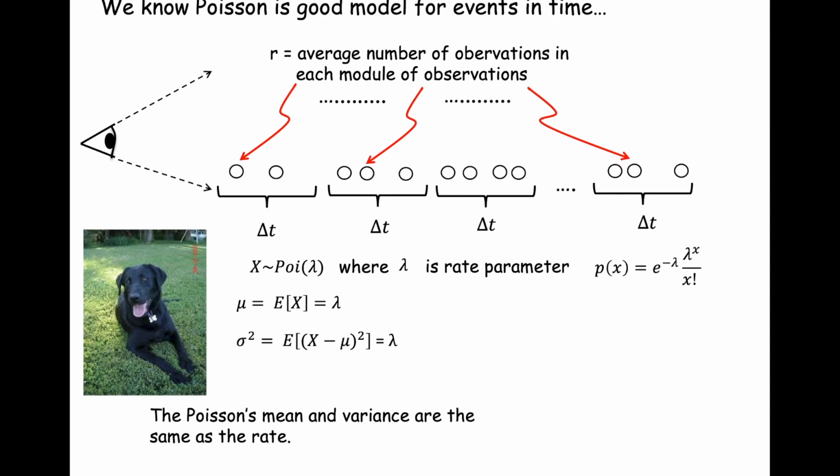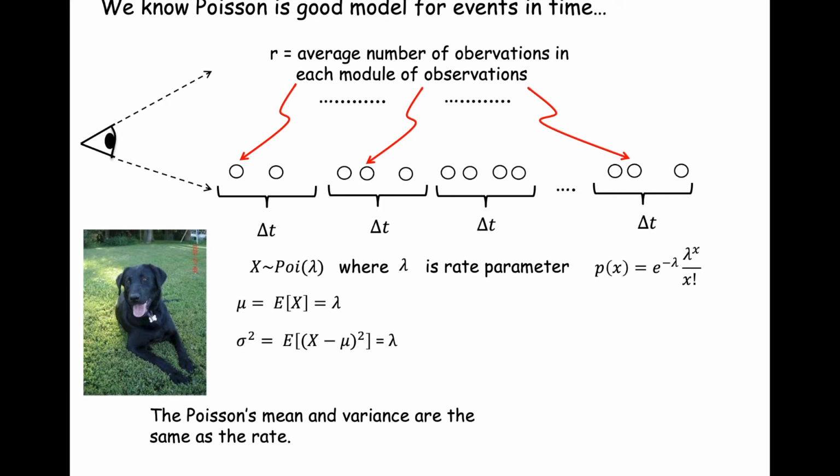So we're going to model this and assume it's a Poisson distribution, which is a good model for events in time. So recall from last semester, we have a Poisson. It's the discrete distribution because it's countably infinite. And lambda, our rate, is going to be the average number of observations over standard modules of observation, delta t.